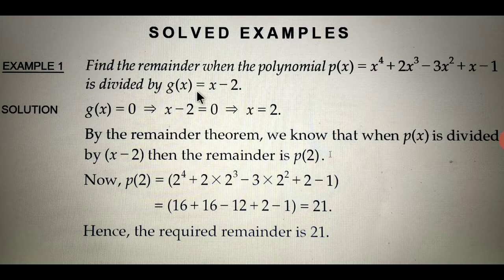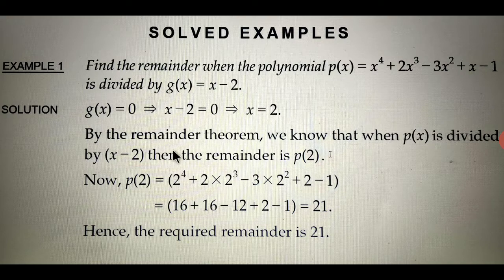First of all, we have to take g(x) equal to 0, and from that equation we have to find out the value of x, that is x equal to 2 for this case. Now by remainder theorem, we have to find out p(2). Since x equal to 2 from g(x) equal to 0, we have to find out p(2) from the equation of p(x).